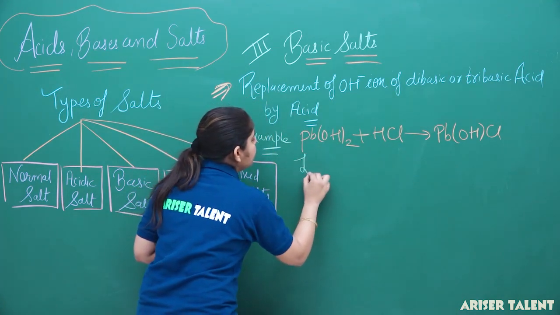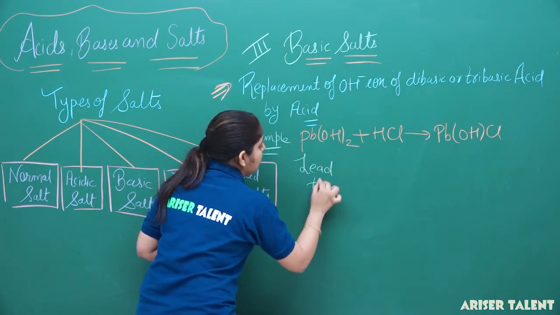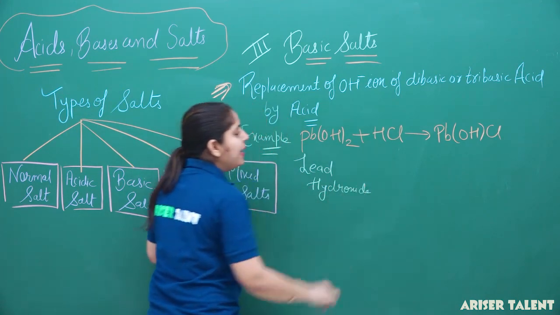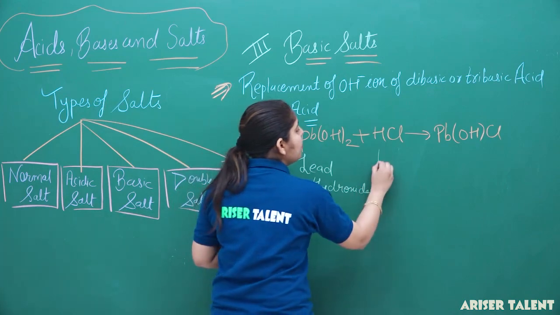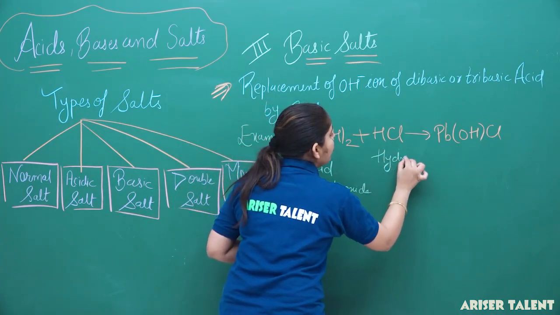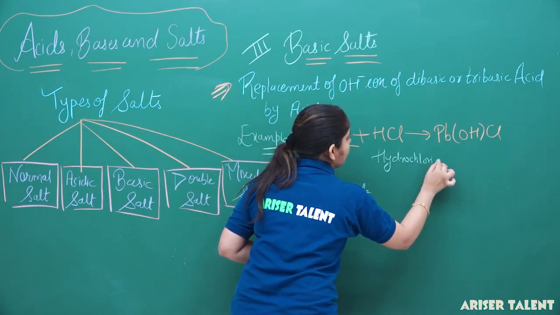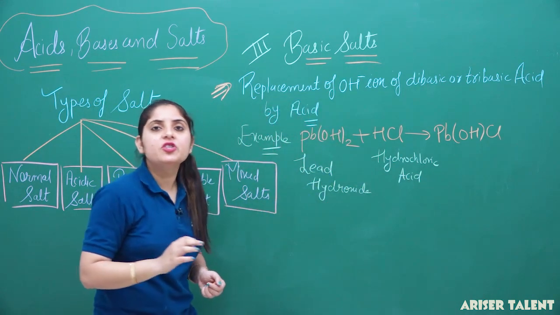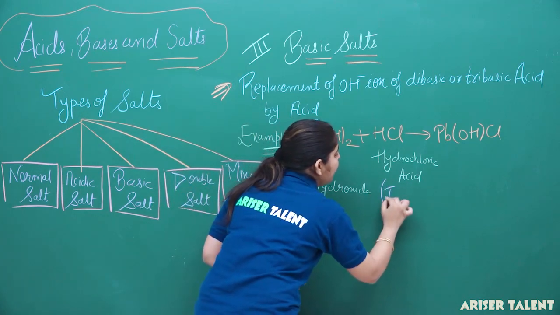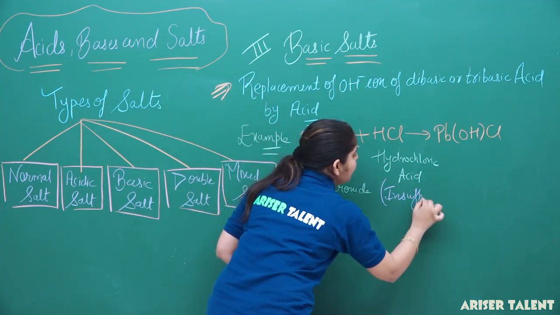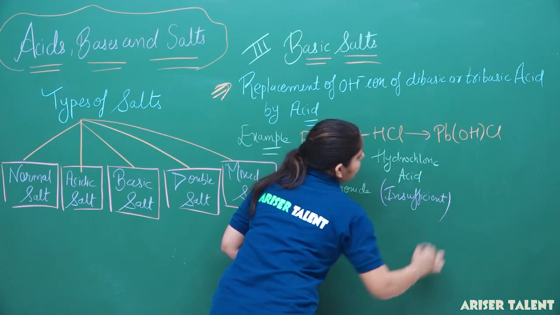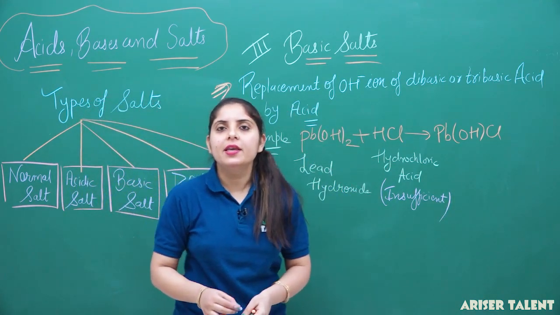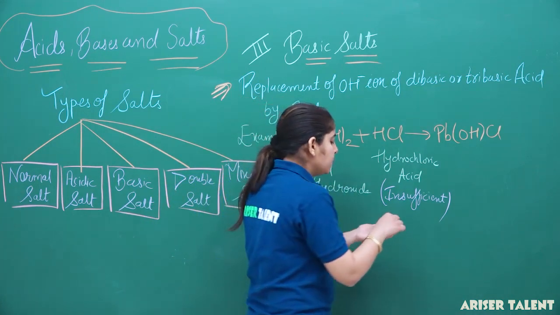This is our lead hydroxide and this is our hydrochloric acid, but this acid we have taken in insufficient quantity. So we can say that if we take the acid in insufficient quantity, we will obtain a basic salt.